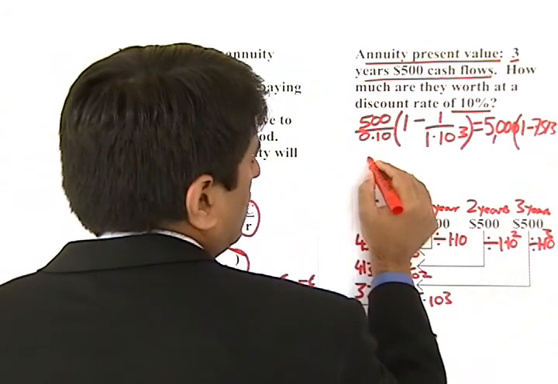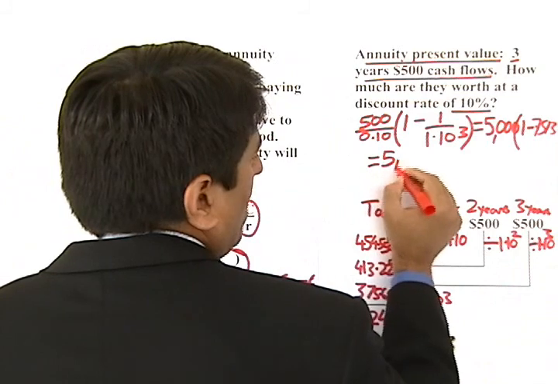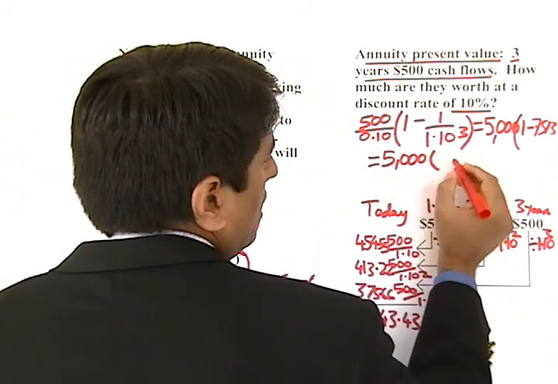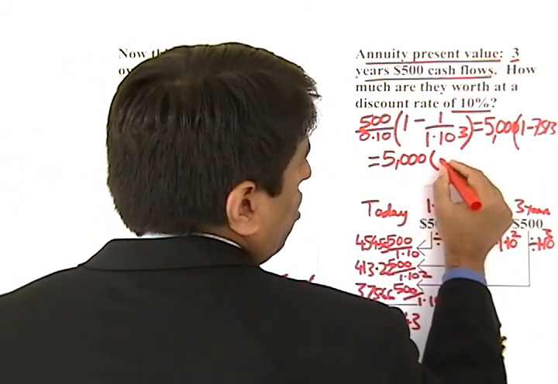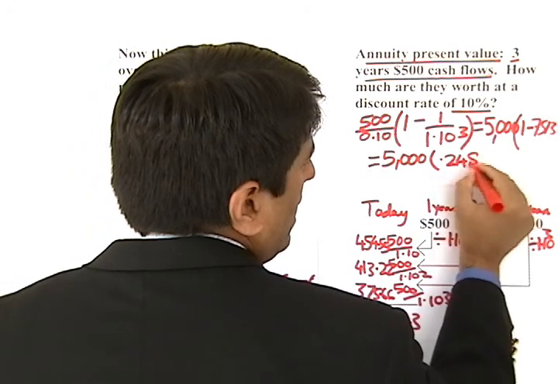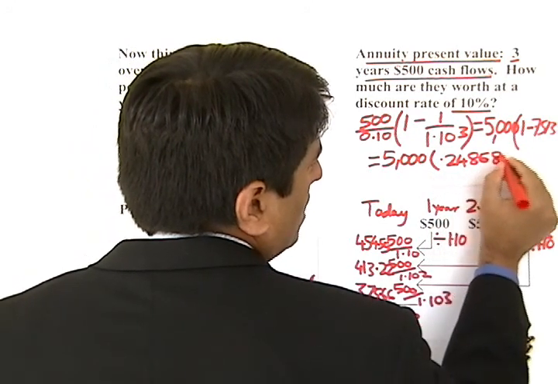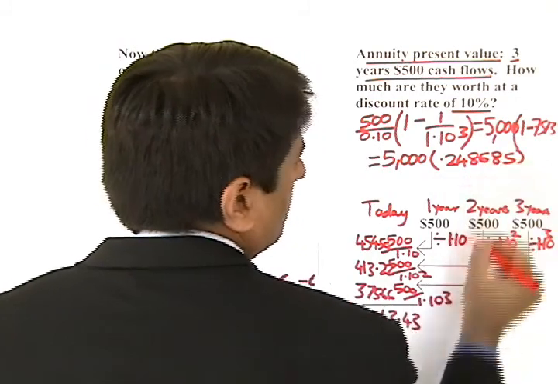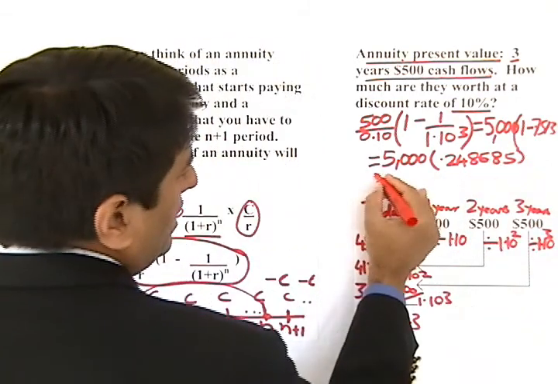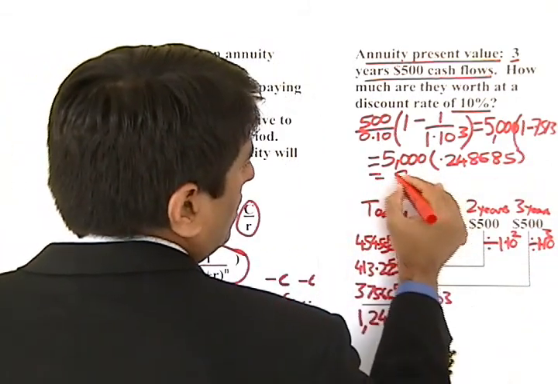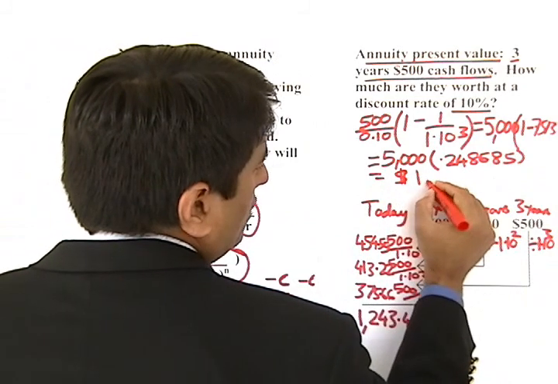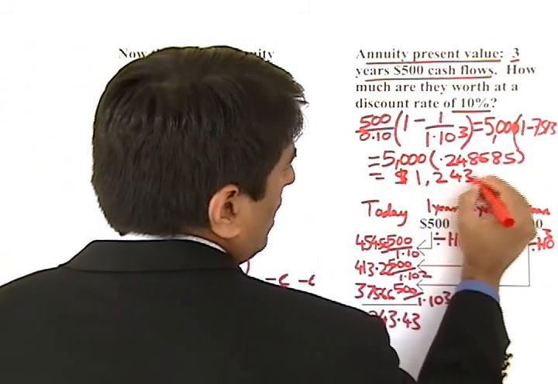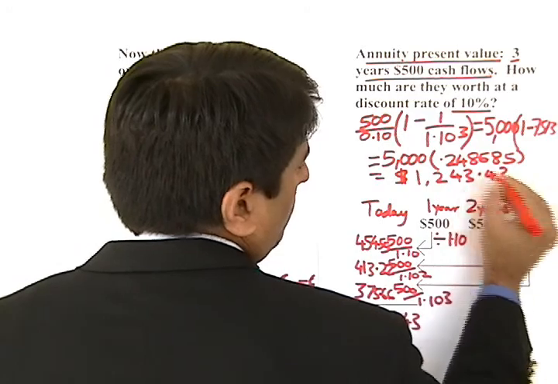So that becomes equal to 5,000 into 0.248685, which is equal to $1,243.43.